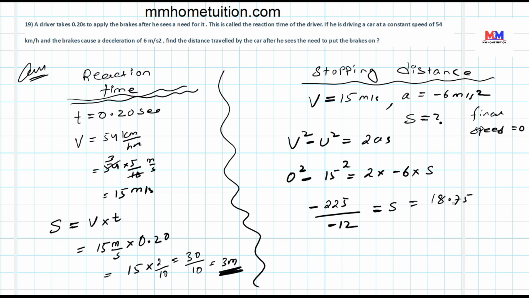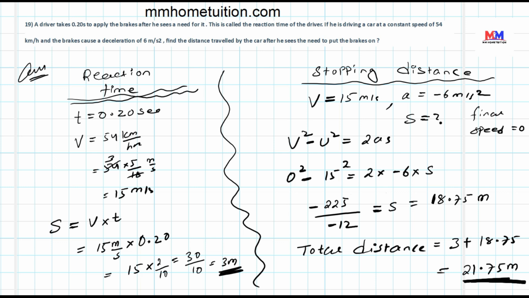18.75 meter. So total distance equals 3 plus 18.75, that equals 21.75 meter.